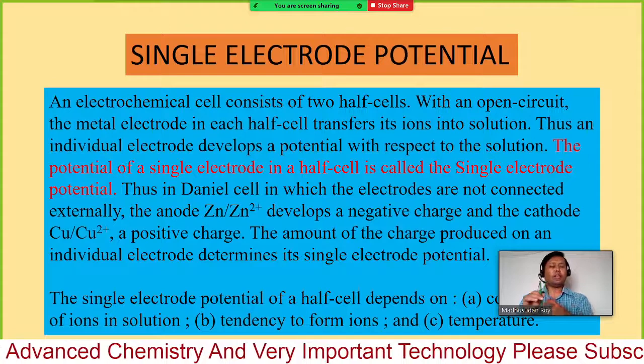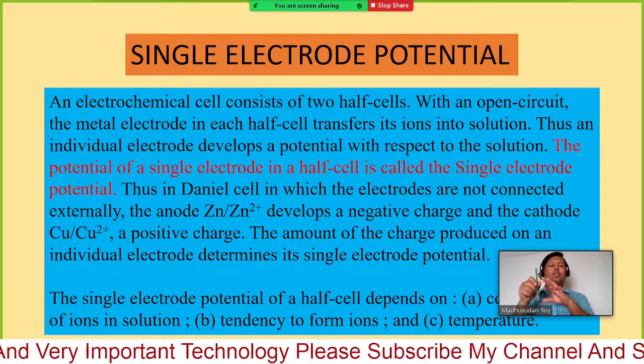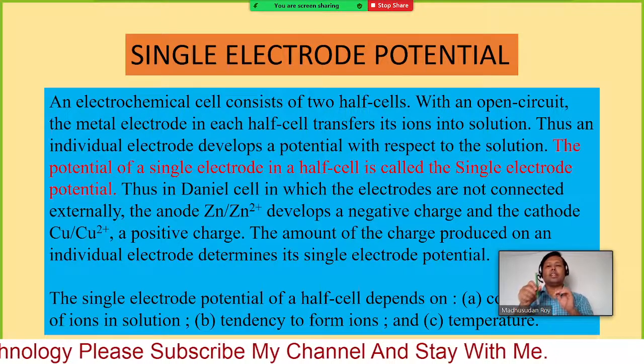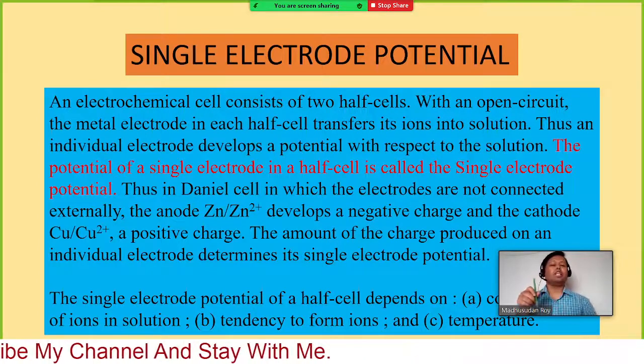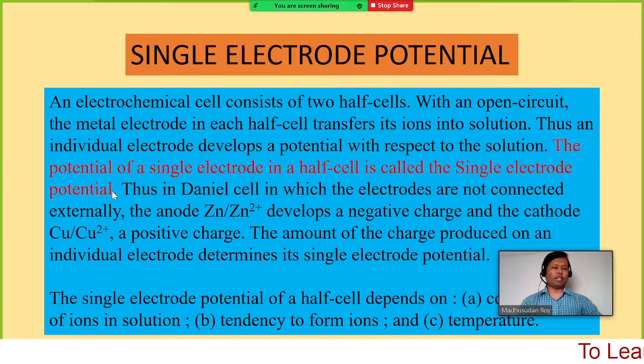However, if they are not connected, in that case the electrode is donating electrons to the electrolyte, therefore the electrode develops a potential with respect to the solution. The potential of a single electrode in a half cell is called the single electrode potential.